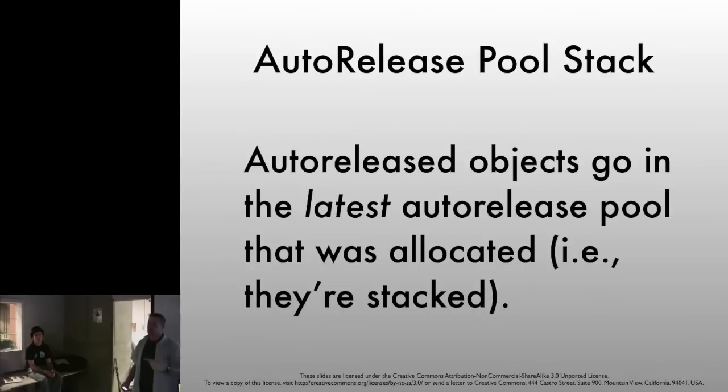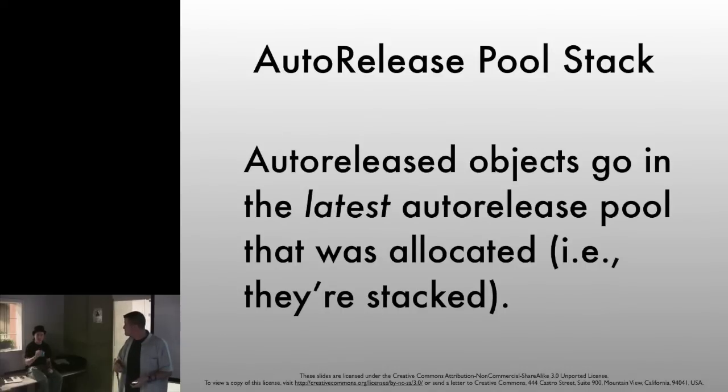So pools, as we mentioned last time, autorelease pools can be stacked. The latest pool that you've created is the pool that an autoreleased object will go in. So you have the main pool that is created for you at the beginning. It's created for you for iOS. The boilerplate code, if you look where the pool is created for OS 10. Did I get that backwards? Both iOS and Mac OS auto-create the main pool.